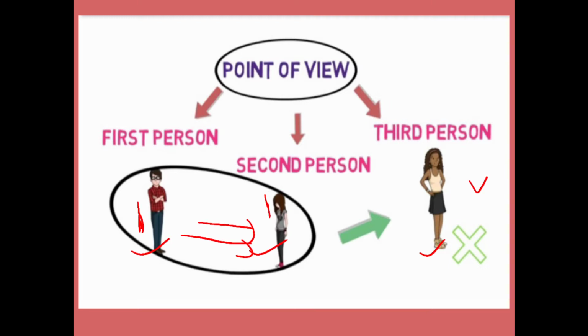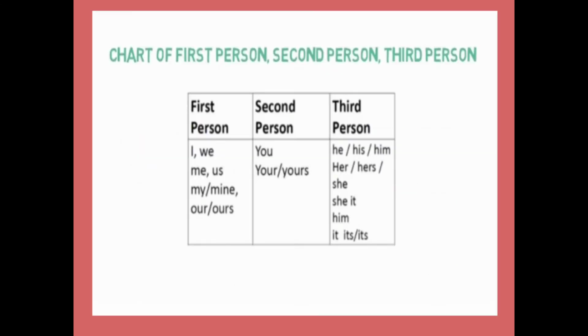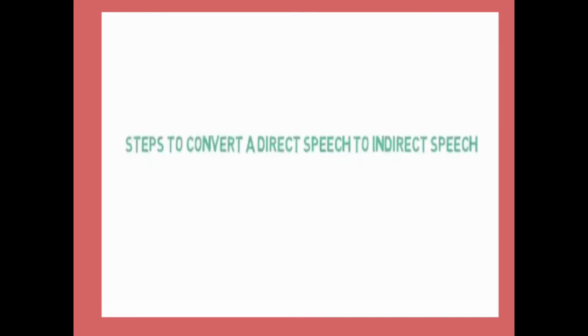Seema is you, this is second person, the object can be, and this is the third person about whom they are talking. So the third person is she. So there is no change of third person. See here, this is I, this is you, and this is she. This is a chart of pronouns given to you in detail. First person, second person, and third person we do not change while changing into indirect speech.